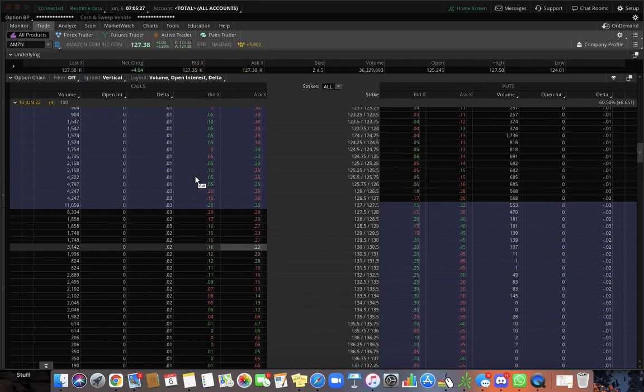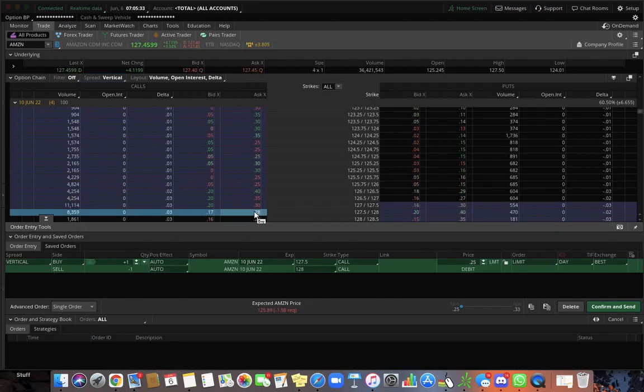So if the IV is not high, then a call debit spread would be better. If we bought that, it's not very much. Let's do this 127 and this 130. That's $3 wide.